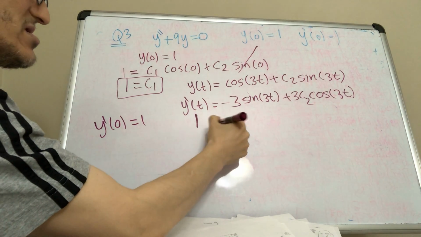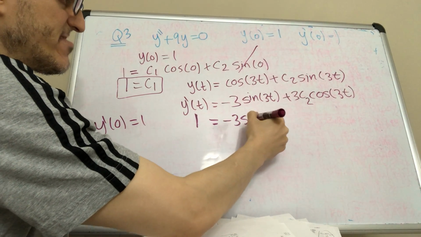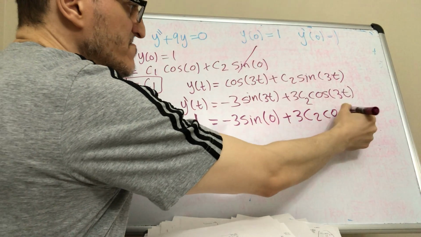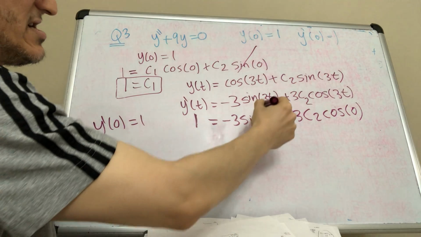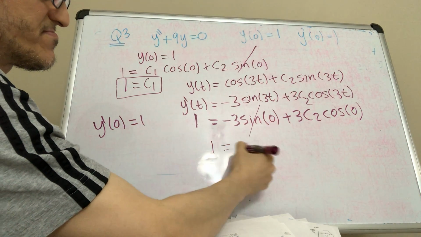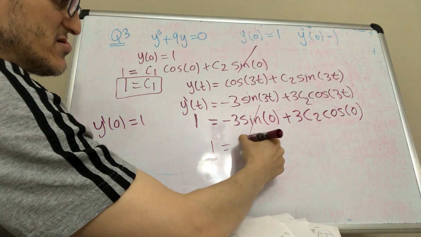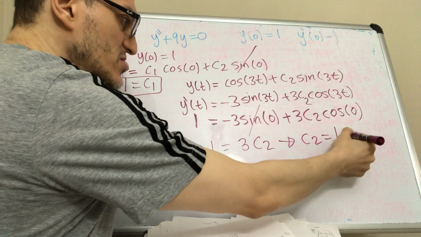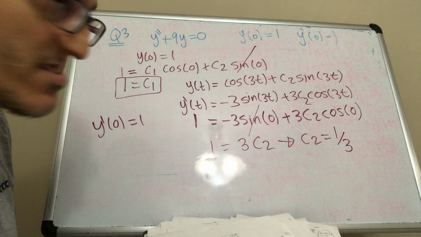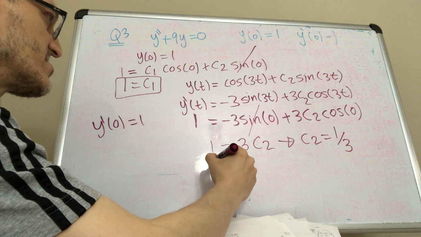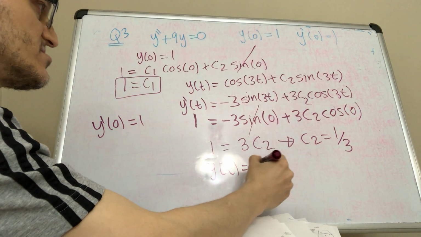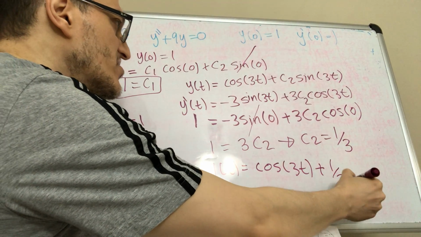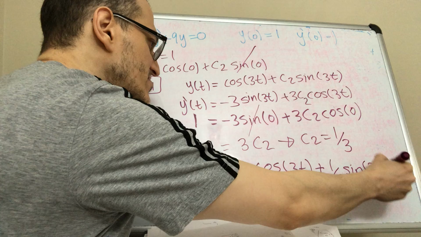So the answer is 1 if we plug 0. Again, sine of 0 is 0. Cosine of 0 is 1, so that's 3C2, meaning that C2 equals 1/3. So now I know that my solution is cosine 3t plus 1/3 sine 3t.